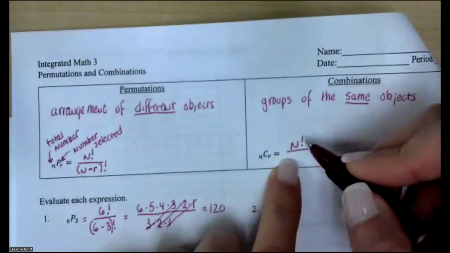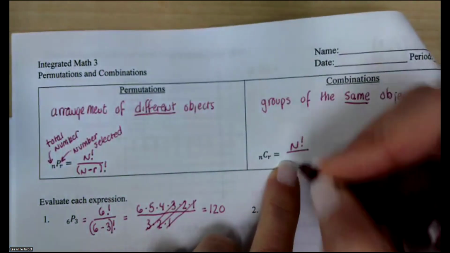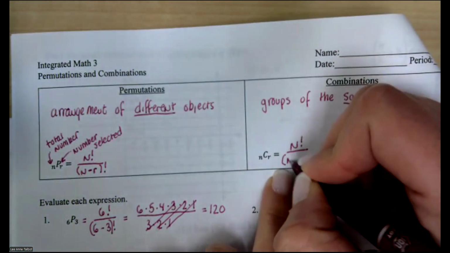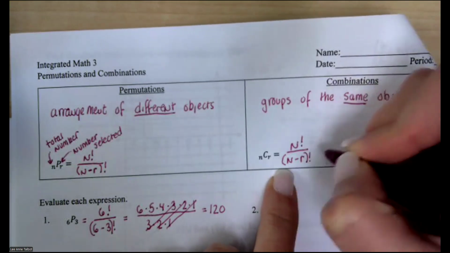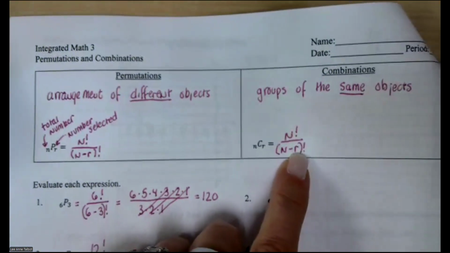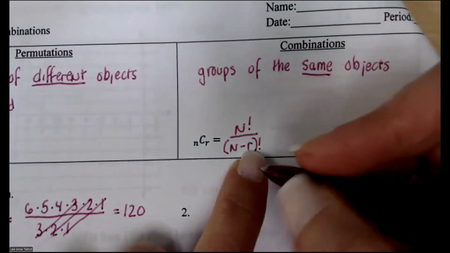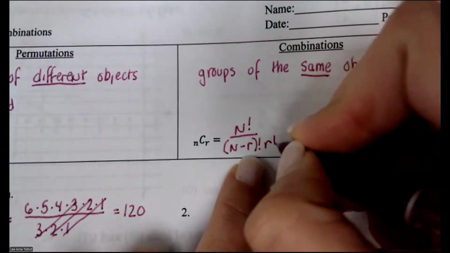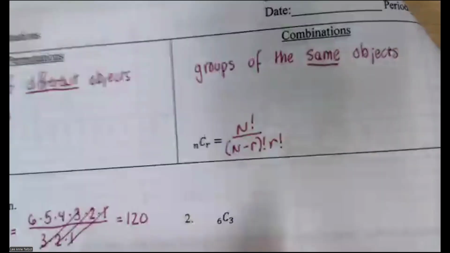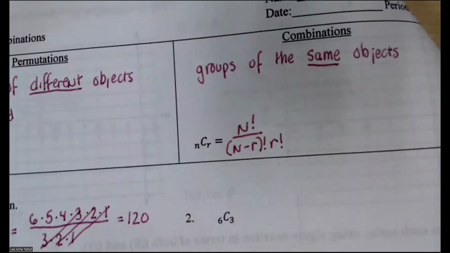It's the total number of objects arranged. Then you divide by taking out the ones that you're not going to use. And then you divide again by the repeats.